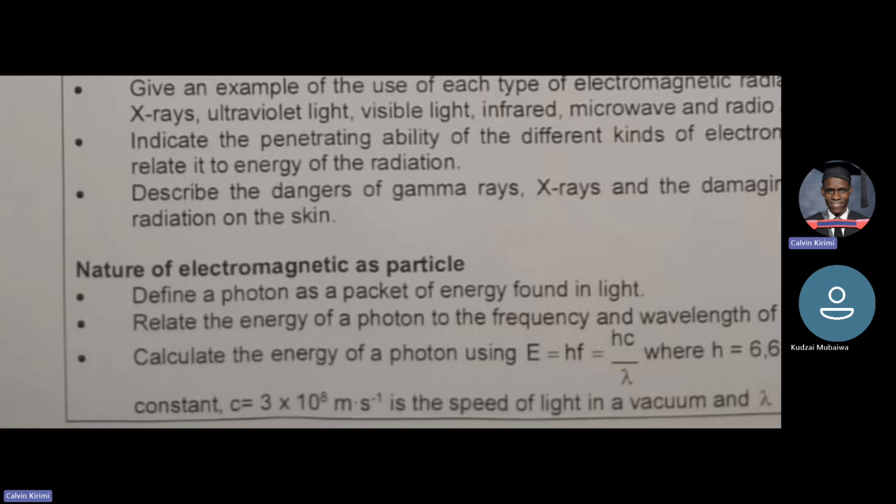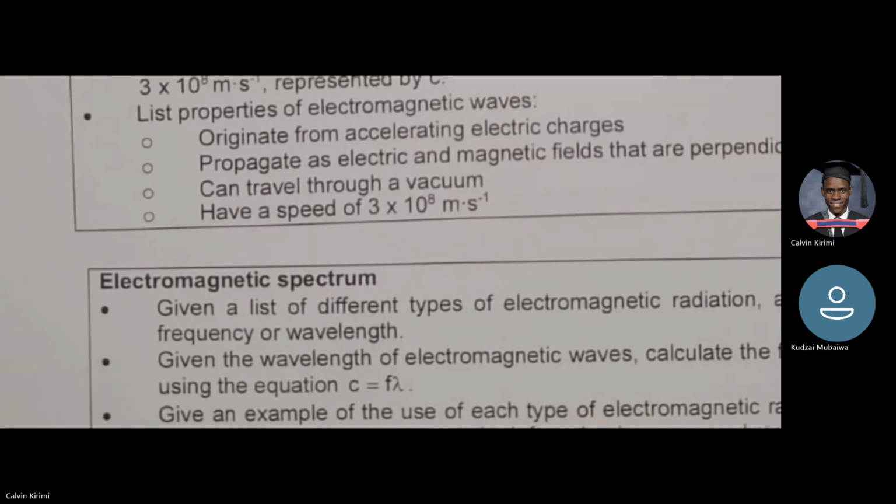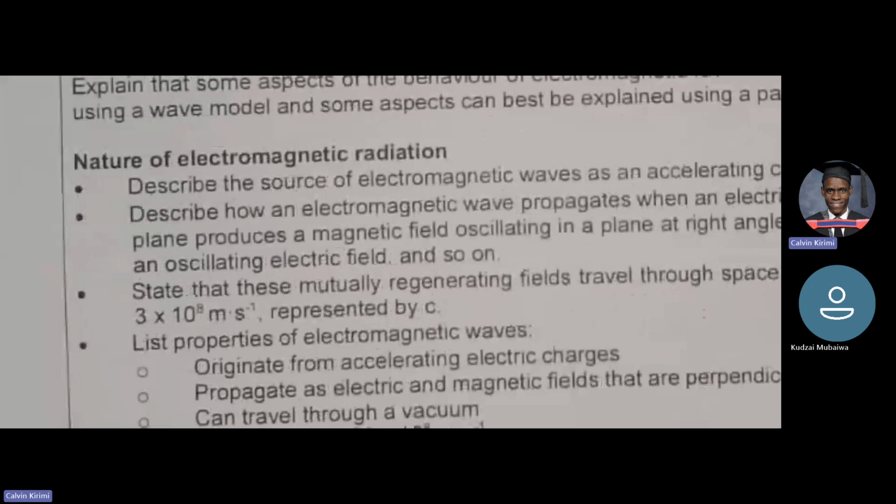All right, so that is what they are talking about there. Or we can also use the formula v is equal to f lambda when you are calculating the frequency, using light as a wave.